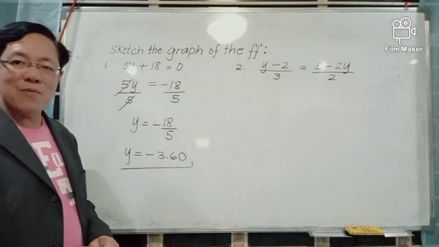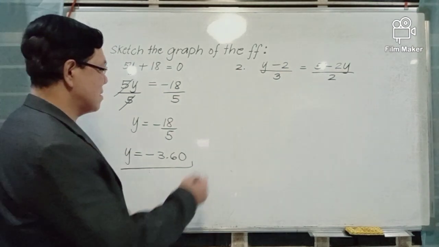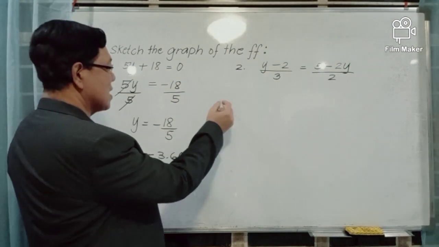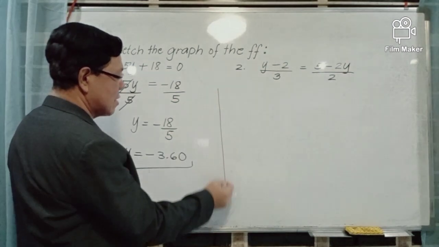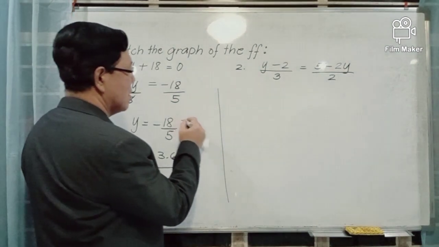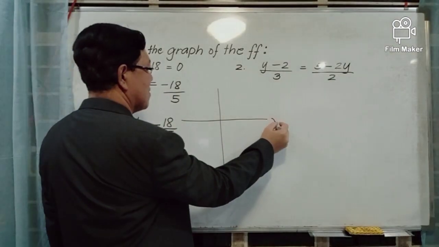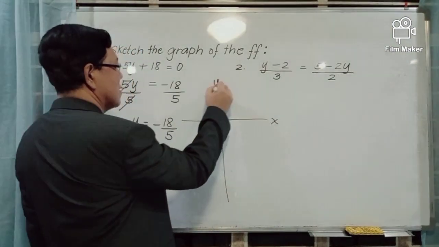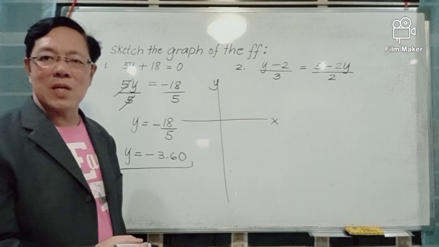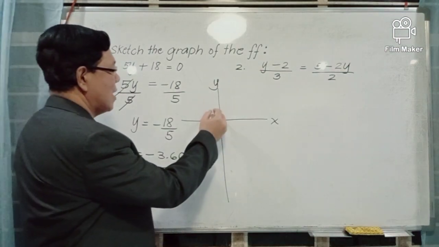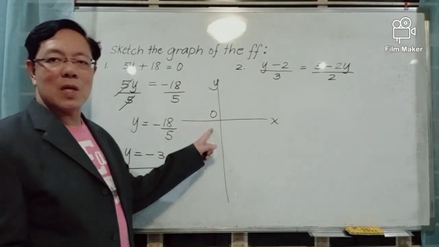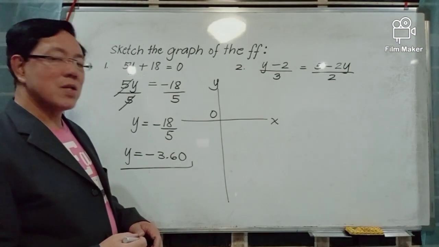And we sketch the graph again in the Cartesian plane with 2 axes. The horizontal axis is represented by x. The vertical axis is denoted by y. And the point of intersection is denoted by 0 or the origin.